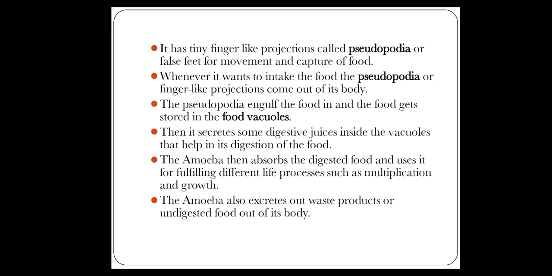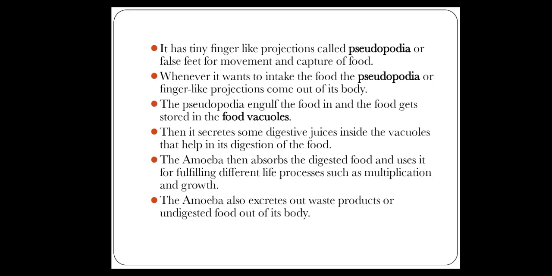Once they engulf the food, it gets into the food vacuole. Now in the food vacuole, the food gets digested. The digestive juices are secreted in the food vacuole. The food gets digested, the digested food is absorbed and then it is assimilated.